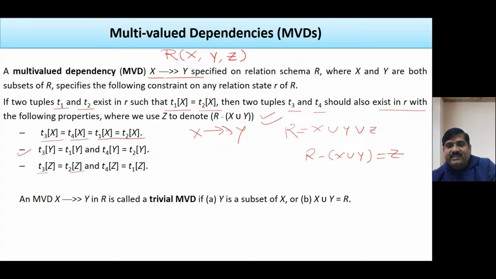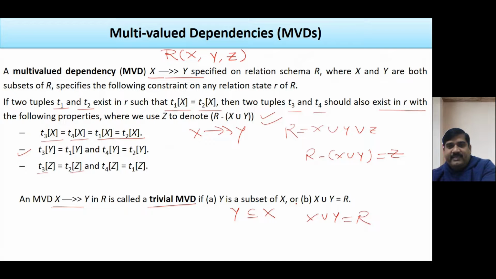If these conditions are satisfied, then only we say that X multi-value determines Y. And this MVD in R is called a trivial MVD if Y is a subset of X, or X union Y equals R.